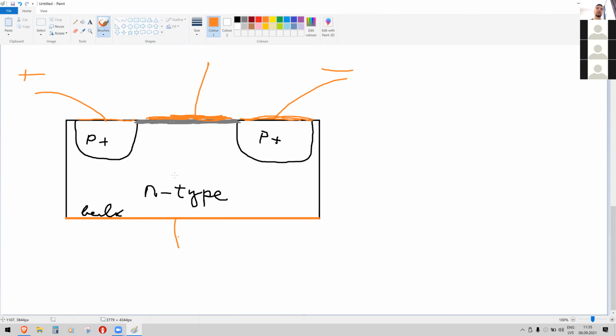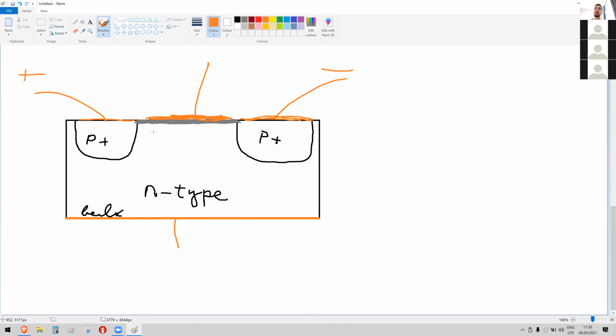And here, what we have to do, I'll also draw the bulk. So this is N-type region with lots of electrons, but for this region to become P-like, we need to push the electrons away and attract lack of electrons, or some missing electrons, which would be holes.